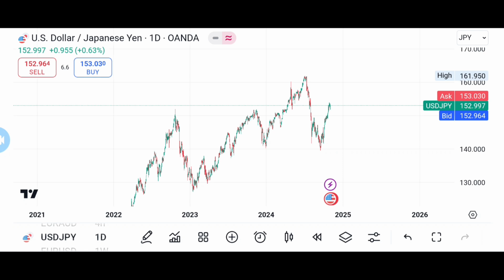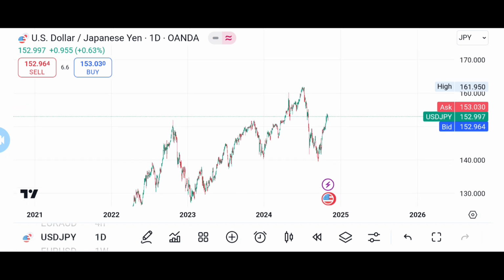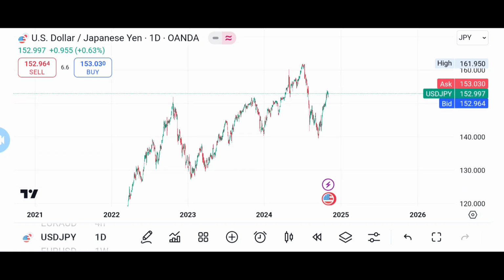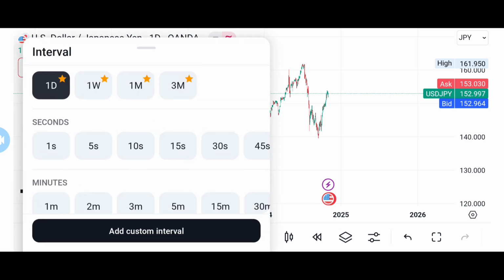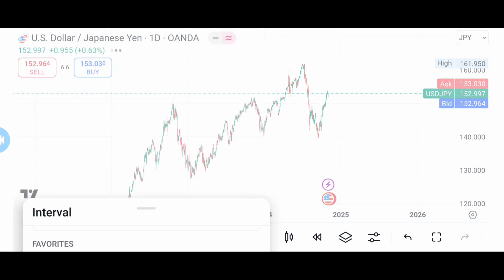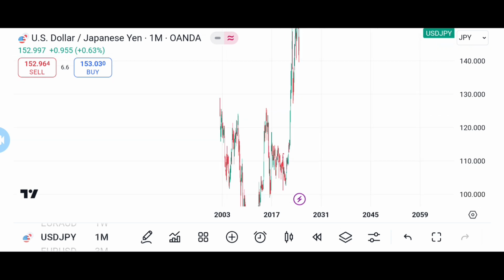As you know, I am a swing trader, and being a swing trader, my macro time frame is either monthly or weekly. So let's go to monthly or weekly. I will start with monthly. So this is the monthly time frame.